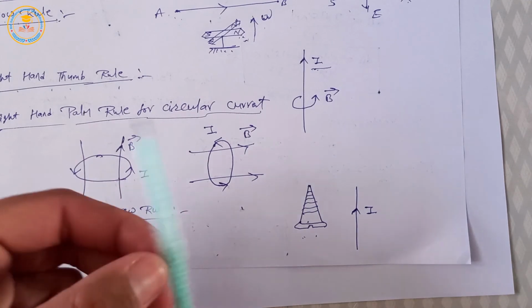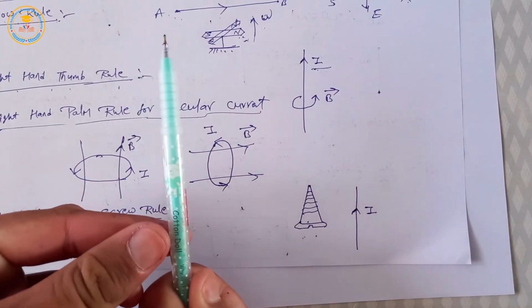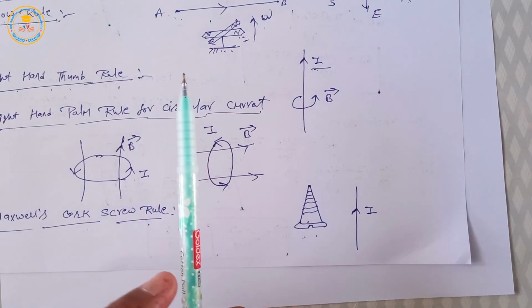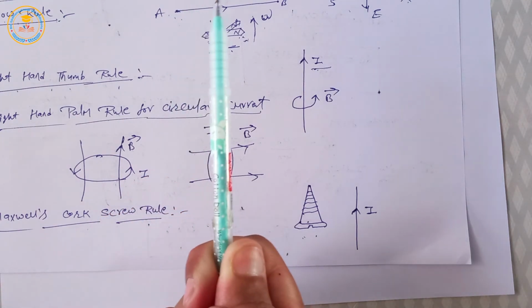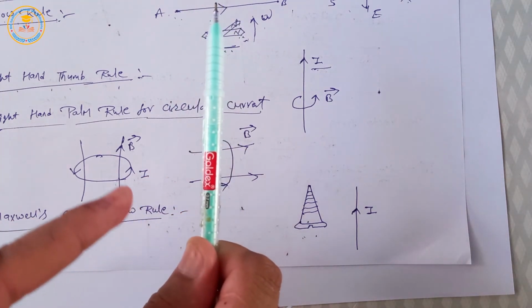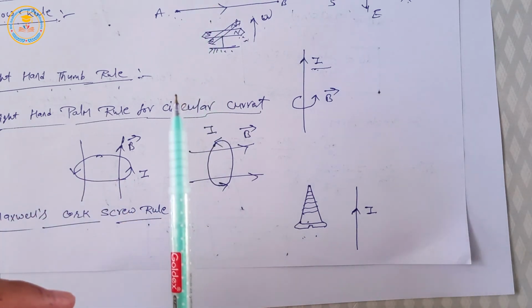If we rotate this screw like this, then this screw goes in this direction, and if we rotate in this direction, then this screw goes in the reverse direction.